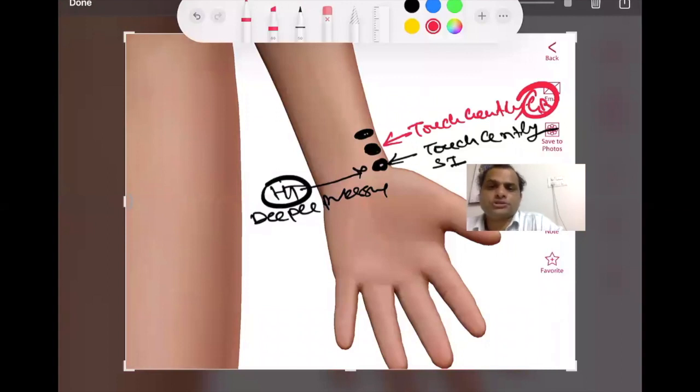And when we touch the deep pressure, then this pulse belongs to the liver.